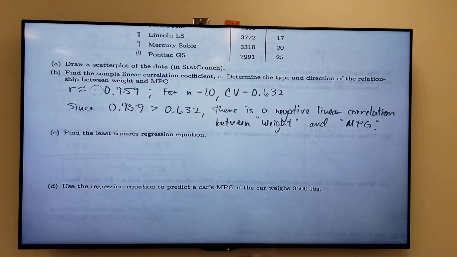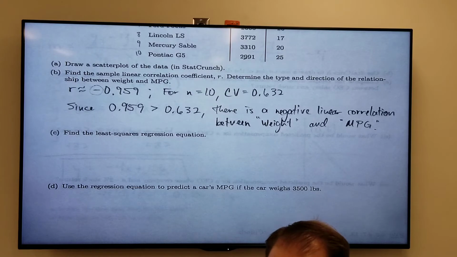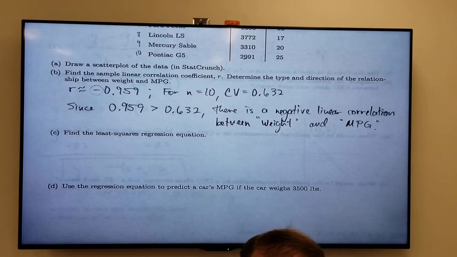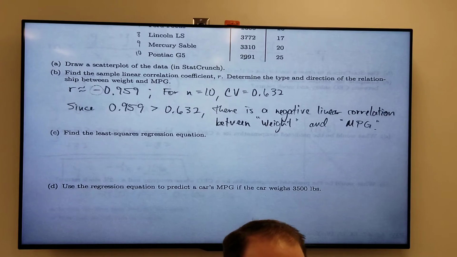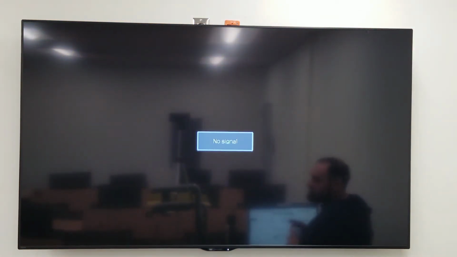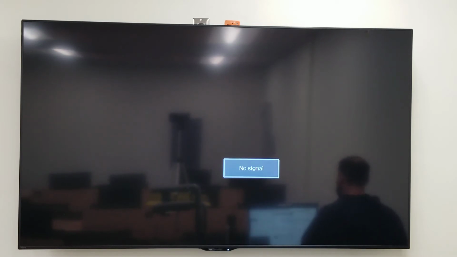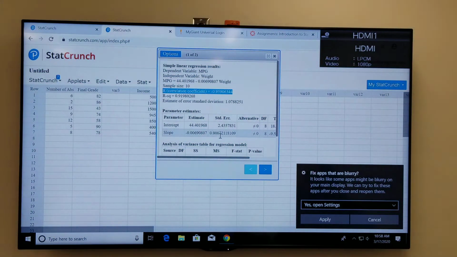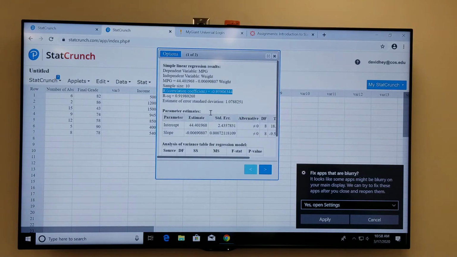Anyway, but here it is. Part C says find the least squares regression equation. That was also in the output. So I'm going to take you back to StatCrunch again to show you where you can see that. But remember, you can see the least squares regression equation in two different places. One of the places is right here.